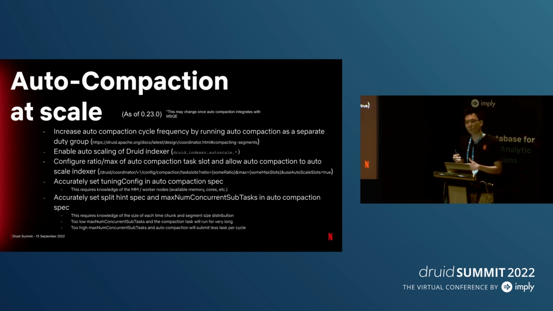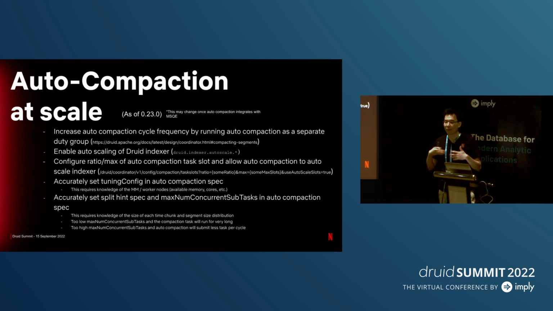This is safe to do because, as mentioned before, there are guardrails on how many task slots auto-compaction can use. And those guardrails take into account compaction tasks that are already running. So if your max slot is 25 and you already have 10 compaction jobs still running, when the next cycle of auto-compaction kicks off, it will take that into consideration and only issue 15 more.